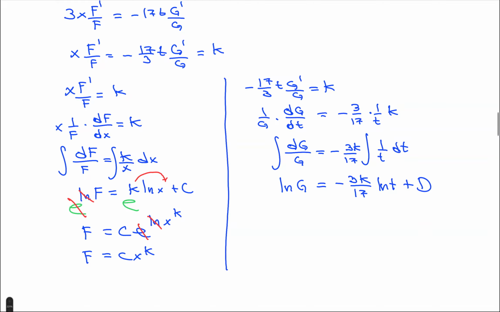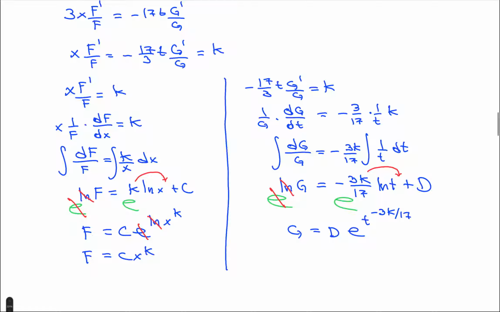And exponentiate both sides to get the ln cancel. However, here we cannot do such a thing. So that's going to leave us with g equals e to the d, which is just another d, and all these coefficients, negative 3k over 17, need to go as the exponent of the argument in order to be able to cancel e with ln. So that is e to the ln of t to the negative 3k over 17.